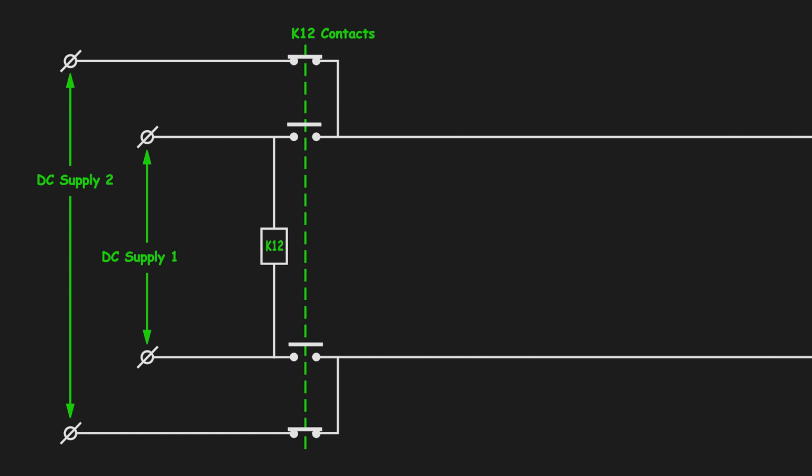Here you see, this is supply 1. Now this supply 1 is not supplying any voltage, meaning supply 1 is dead. If supply 1 is dead, the contactor K12, which is connected across the terminals of supply 1, is also de-energized. This K12 contactor is actually the auxiliary contactor for DC supply monitoring.